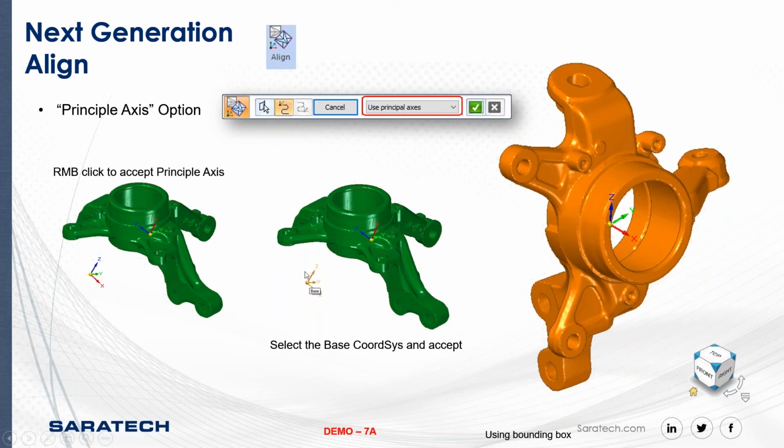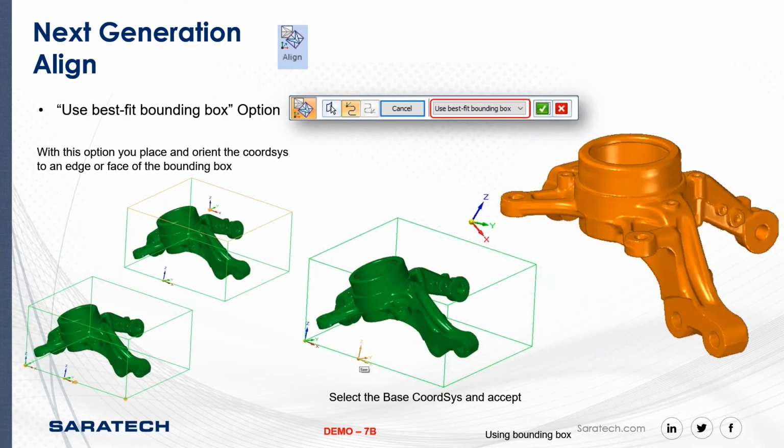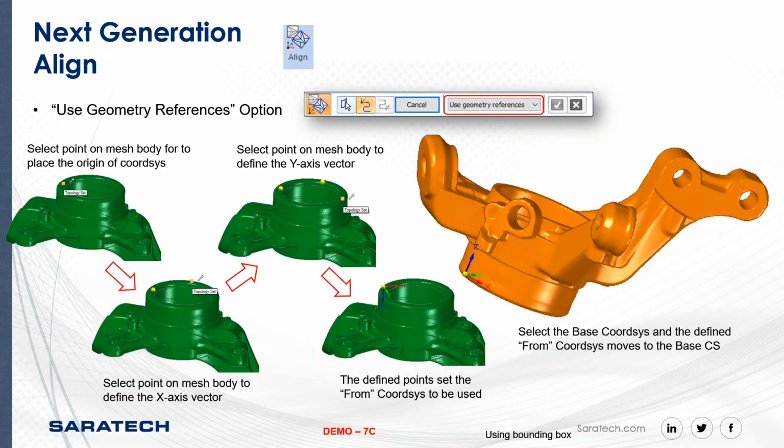So you can see where it was on the original, where I want to make it to. Now I've moved it. We've got the best fit bounding box option. So you can see how it is best fit within our axis system. Using our geometry reference option. Using the custom box option.